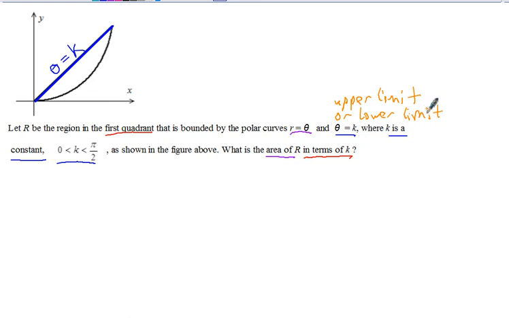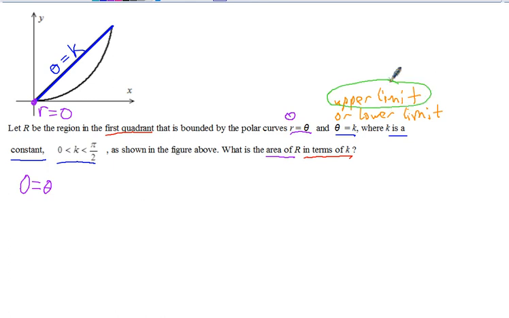All right. So the way we can tell, just go right here. Again, we know the intersect right there. That's where r equals 0. We can't tell where this other intersection is. So here, if we set r equals 0, in this case, notice it's already solved. You get theta equals 0. This time we're comparing 0 and k, and since we know k is larger than 0, it's between 0 and pi over 2, this time k ends up being our upper limit.